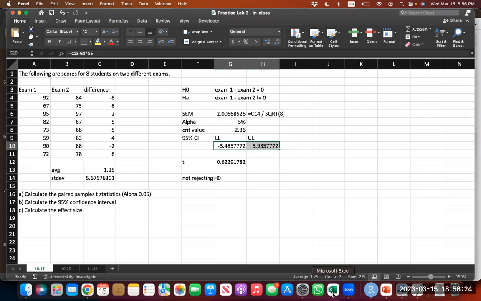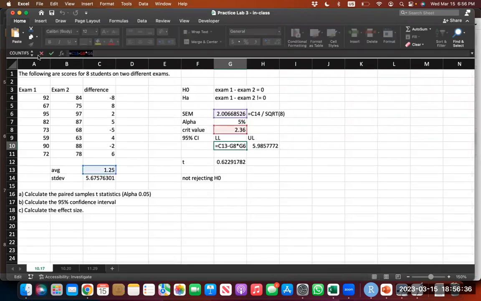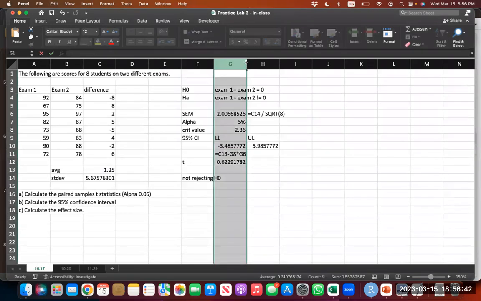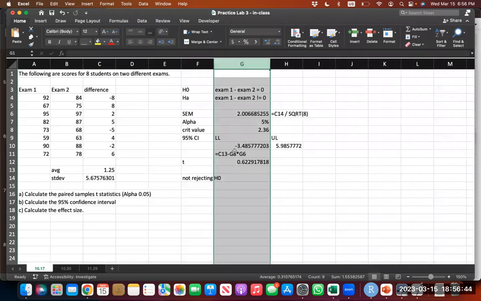Yes. Do the LL and... The LL is the lower limit of the confidence interval, and that is calculated as... no, wrong.